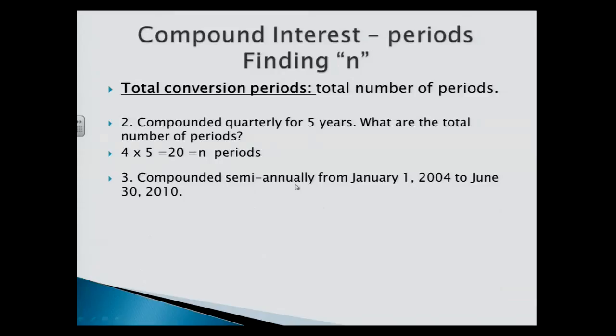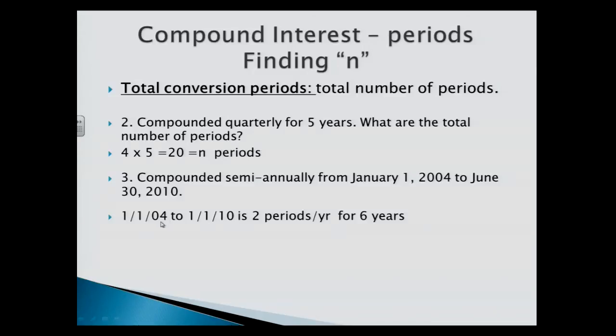If you're compounded semi-annually, from January 1st, 2004 to June 30th, 2010, the best way to do it is go whole years. So you would go January 1st, 2004 to January 1st, 2010, right here.